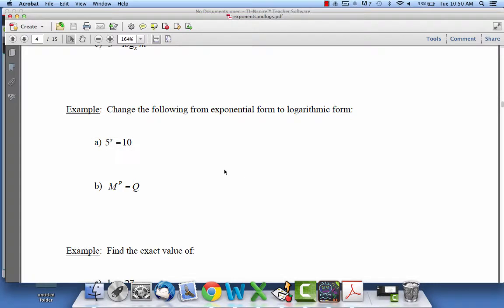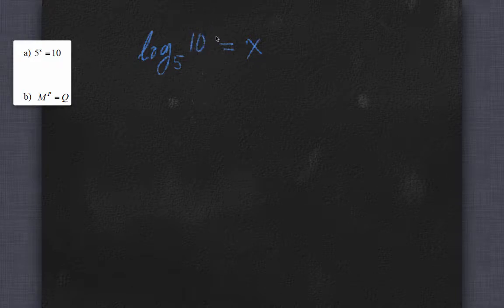Okay? Now we're going to do the opposite thing. Okay, so log, the base is the base, so the base is 5. The log is the exponent, so the x goes over there, and the 10 is the argument.